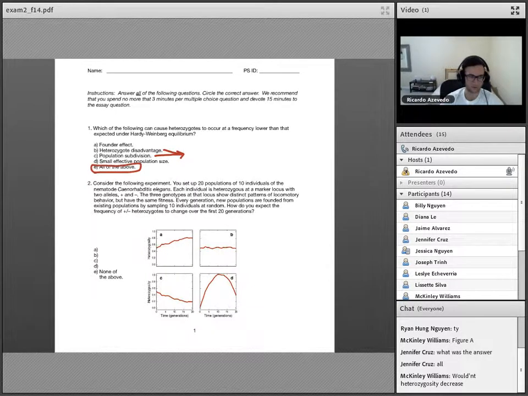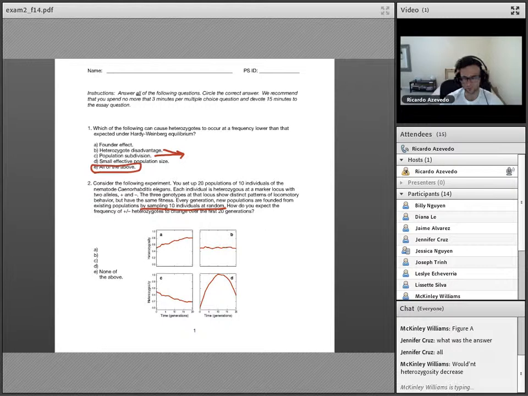The question, as you correctly pointed out, so when they say every time a next generation is created by sampling 10 individuals at random from previous generations, they're simulating drift. And the population is pretty small, so since it's drift, actually it doesn't matter that the population is small because these different heterozygosity trajectories are very distinct.